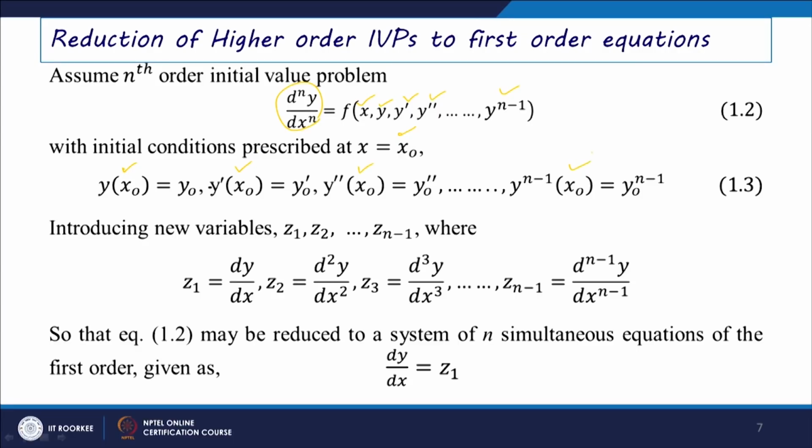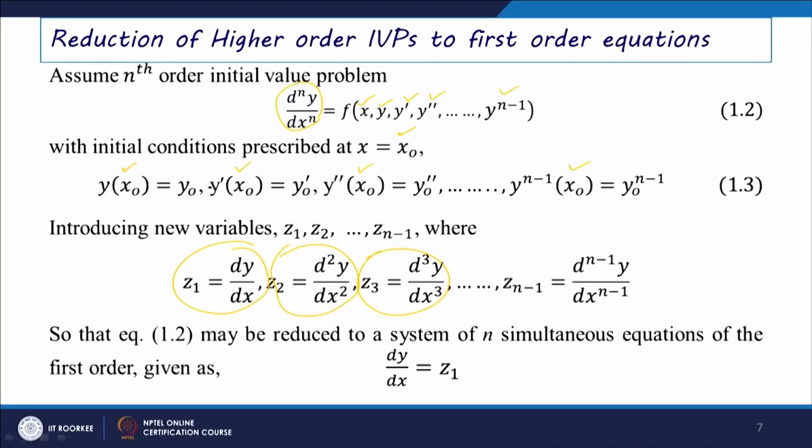So, if we introduce variables, suppose z1 in the form of dy by dx, z2 as d square y by dx square, z3 as d cube y by dx cube, and zn minus 1 as d to the power n minus 1 y by dx to the power n minus 1.